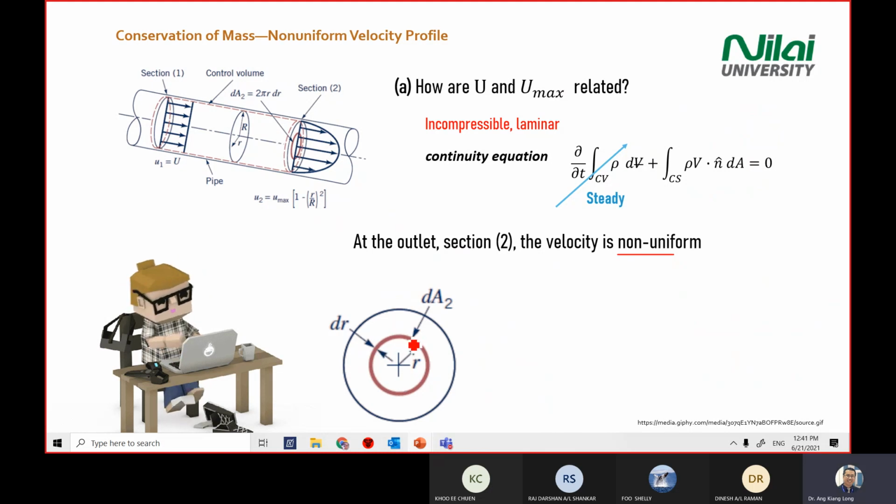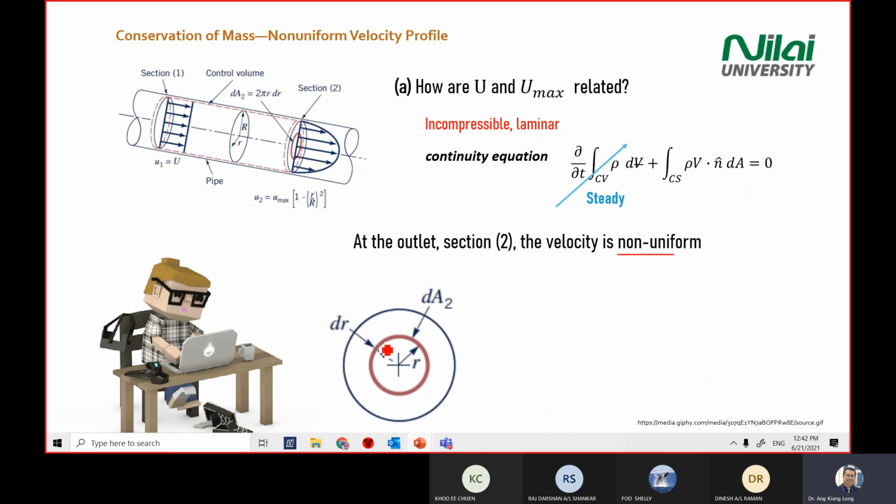Let's say we look at a very, very small area along the radius here. So small r is a location, a length from the center, denoted as r. dr is the change of radius between 2 points.